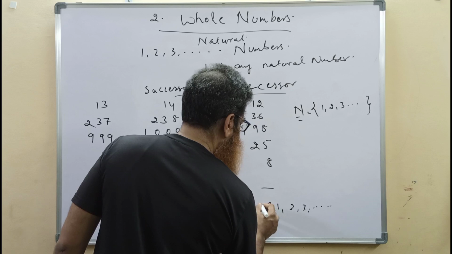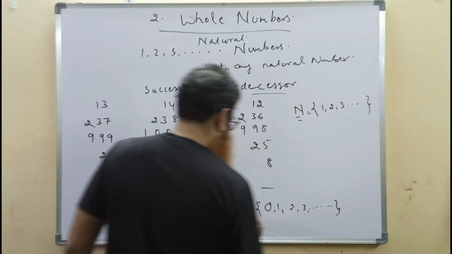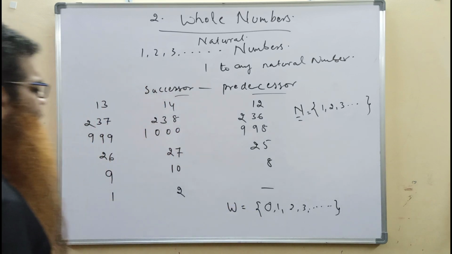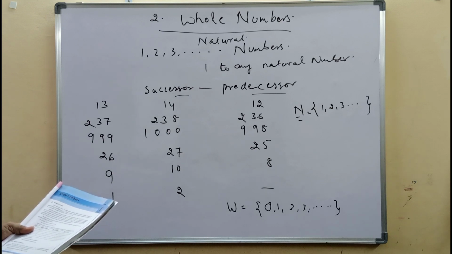The natural numbers along with 0 form the collection of whole numbers, denoted by W.